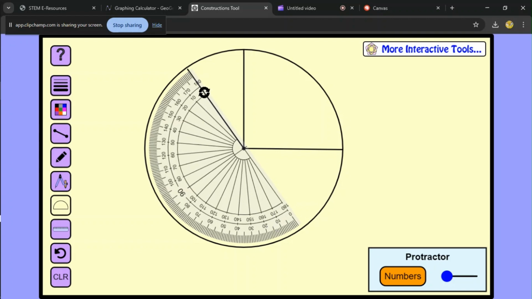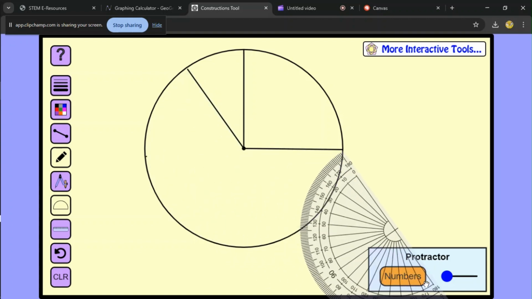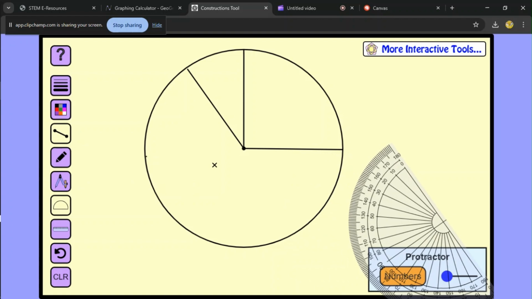So I begin 0, 0 up to 60. 60 will be somewhere here. So 0, this angle should be 60. I put 60 somewhere here. 60. Then I join it using a straight line. So I have a straight line like that.